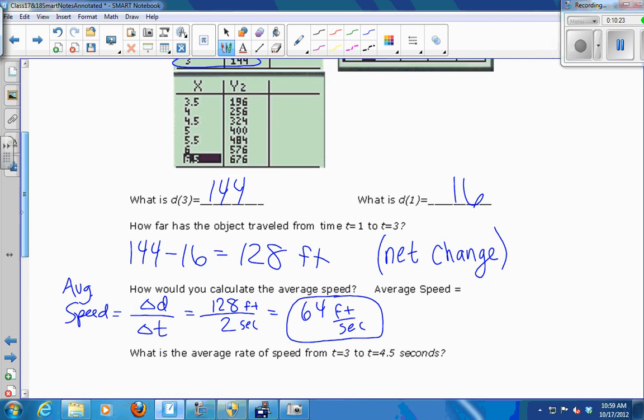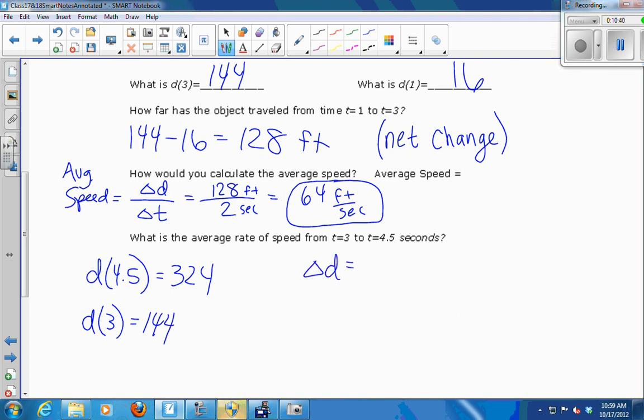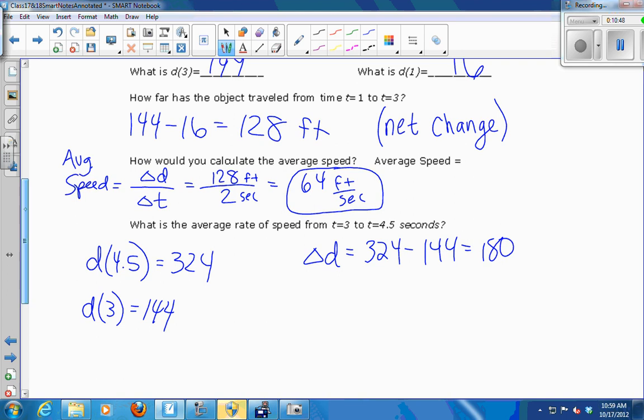Okay, so what is d of 4.5? 324. And what's d of 3? 144. So what is my change in d? 180. 324 minus 144. Okay, so I got my change in d.